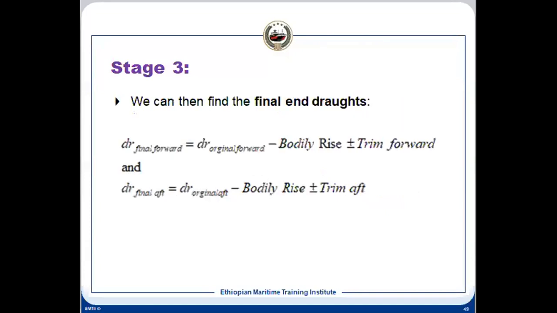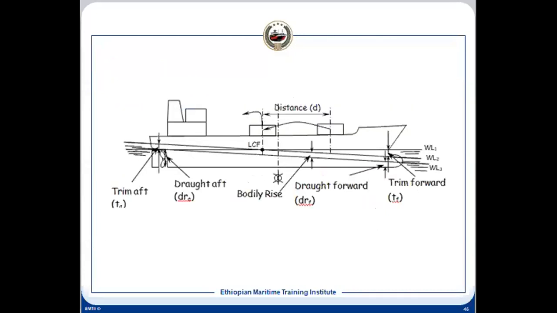And after that you calculate the draft. Bodily sinkage is always plus, bodily rise will be minus, and the trim forward will be plus or minus, depending on where the mass is moved. For example, here we have moved mass from here. So what will happen?